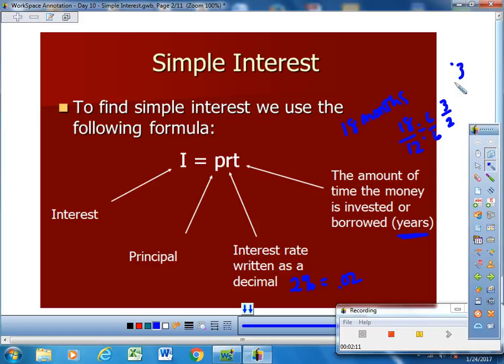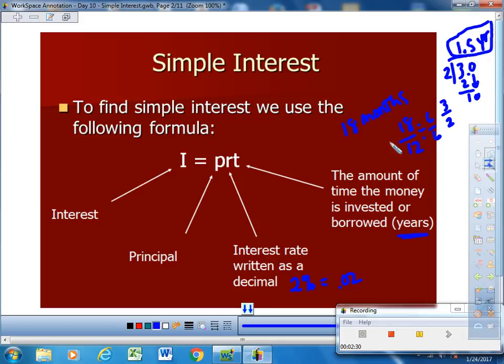I would divide 3 divided by 2. This goes in 1 time, there's 1 left over, and this goes in 5 times, so this is 1.5 years. Some of you know that 18 months is a year and a half, and if you already know that calculation, feel free to do that.